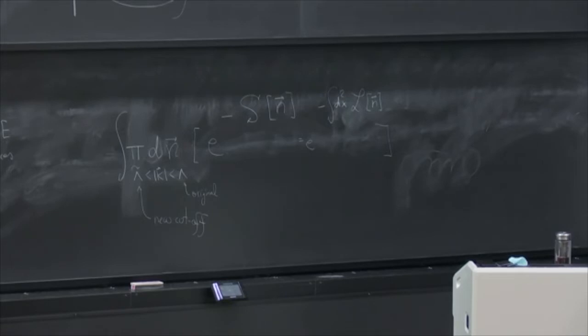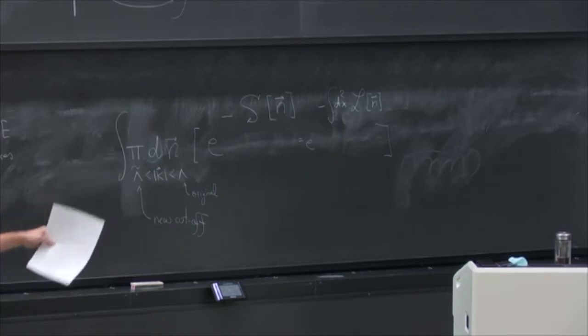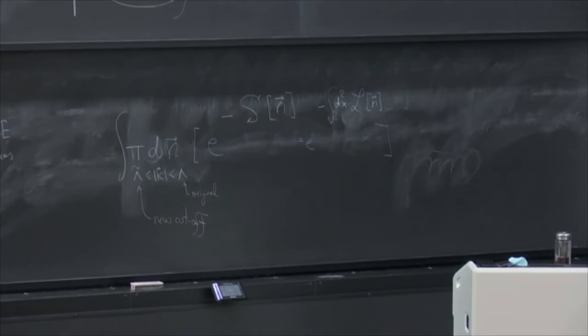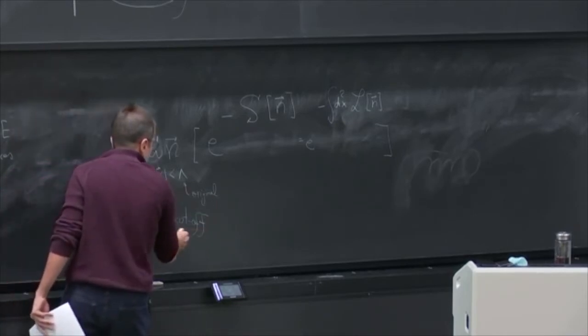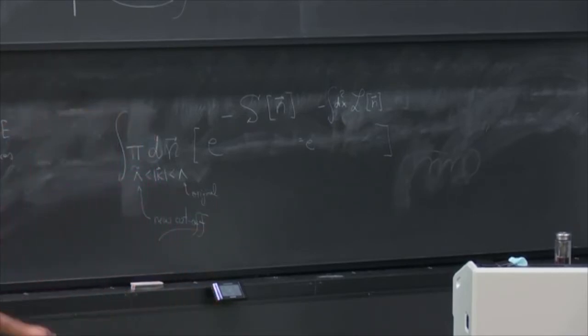I will get an effective theory that I cannot go beyond 1 centimeter. Fine. I only care about longer distance, right? So I want to integrate out the physics between 1 centimeter and 1 nanometer to get my effective theory. So I start with some original cutoff, and I want to go to a new cutoff, which is this, in position space.